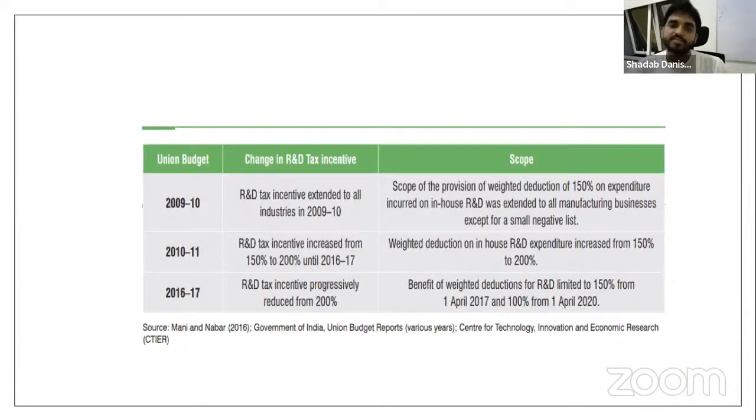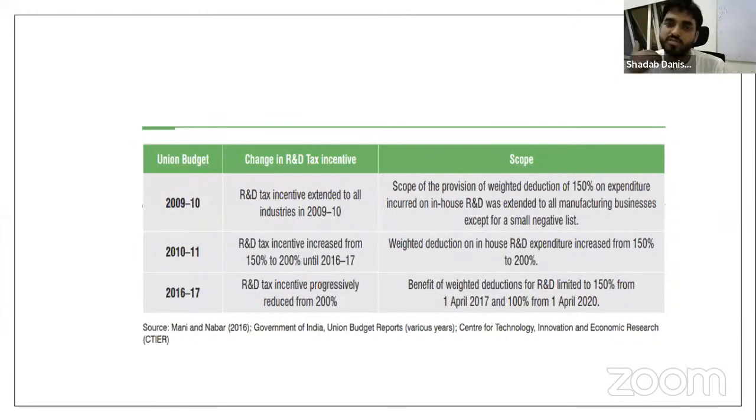How do we finance it? If you look at finances, India has come up with policies. It started around 2000, 2001, with a tax credit policy. The tax credit policy basically said that if you invest in R&D, you will get tax incentives, a tax credit of up to 200%.